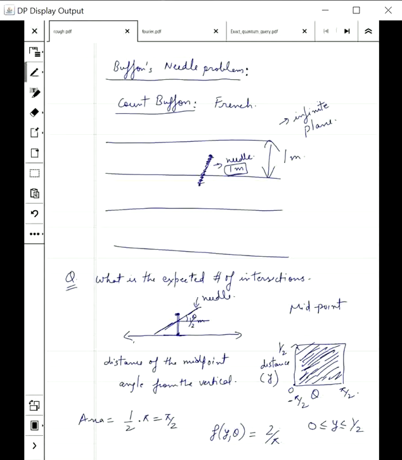It doesn't matter. And theta varies between -π/2 and π/2. So this probability density function picks a point uniformly from this rectangle. As an exercise, you can check that this is a PDF. If you integrate this over this interval, you will get 1.